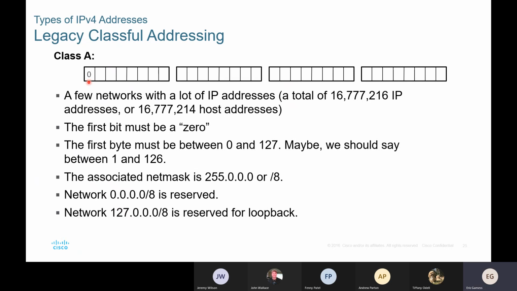So if the first bit is a 0, this IP address is a class A IP address. Another thing associated with a class A IP address is that the separation between the network part and the host part is done here. If the separation is done here, what will be the net mask?